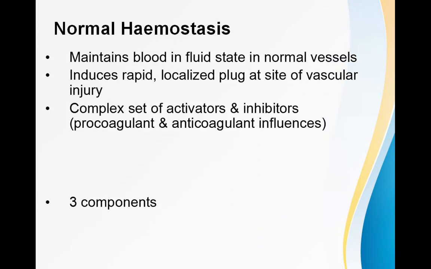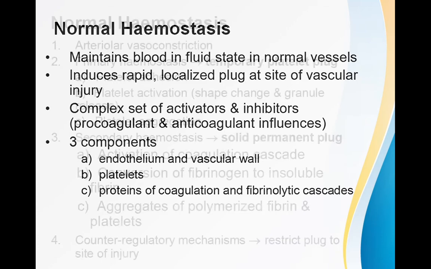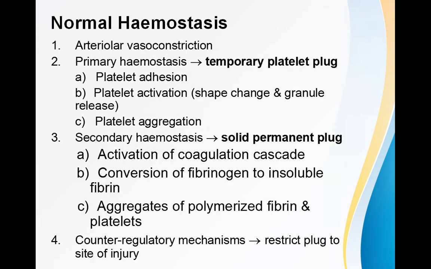Normal hemostasis. Maintains blood in a fluid state in normal vessels. Induces a rapid, localized plug at the site of vascular injury. The complex set of activators and inhibitors has 3 components: endothelium and vascular wall, platelets, and proteins of coagulation and fibrinolytic cascades. Arterial vasoconstriction.